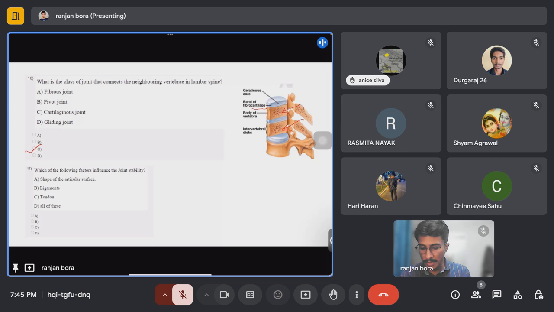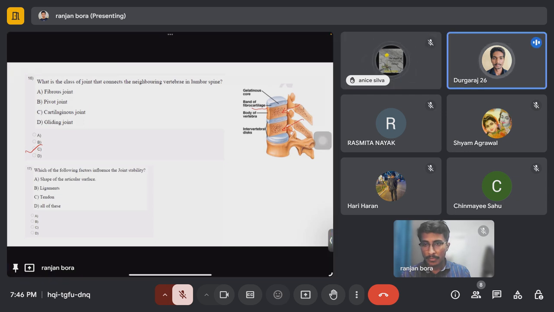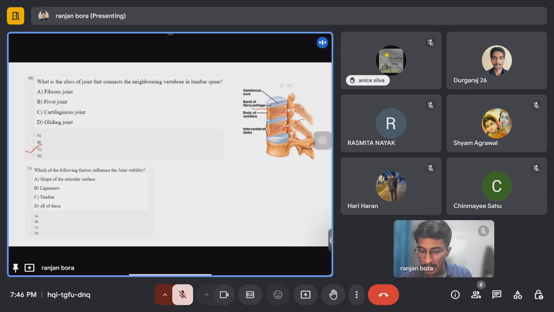Which of the following factors influence the joint stability? Shape of the articular surface. Yes, the shape of the articular surface influences joint stability. What about the ligaments, tendon?